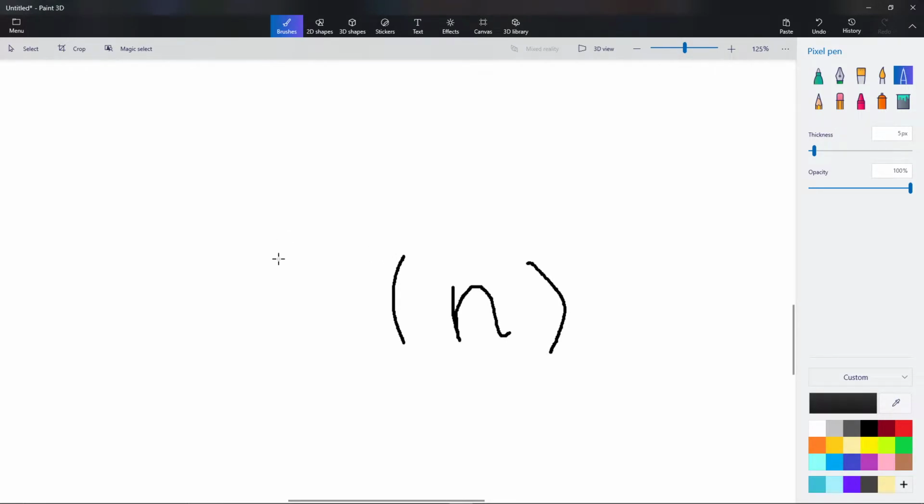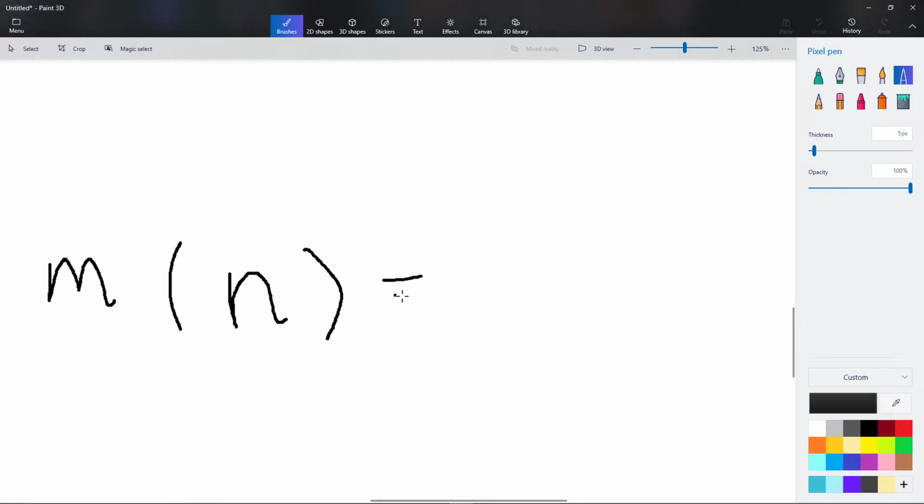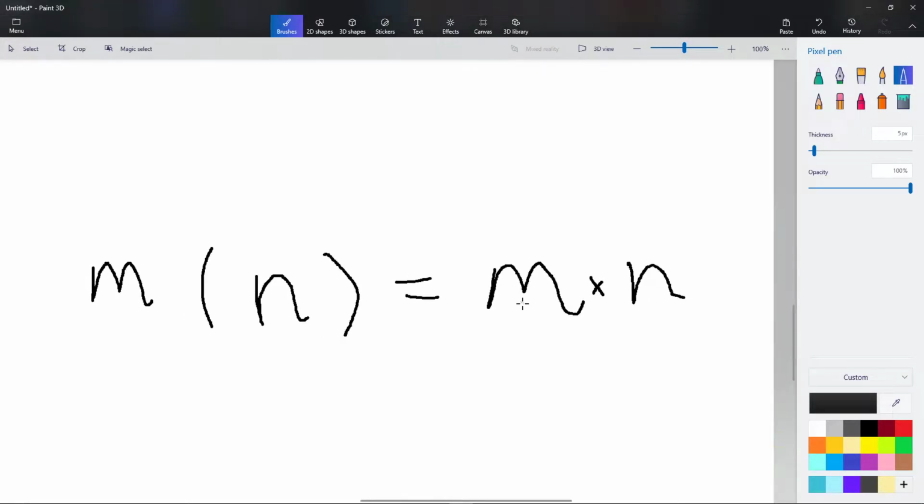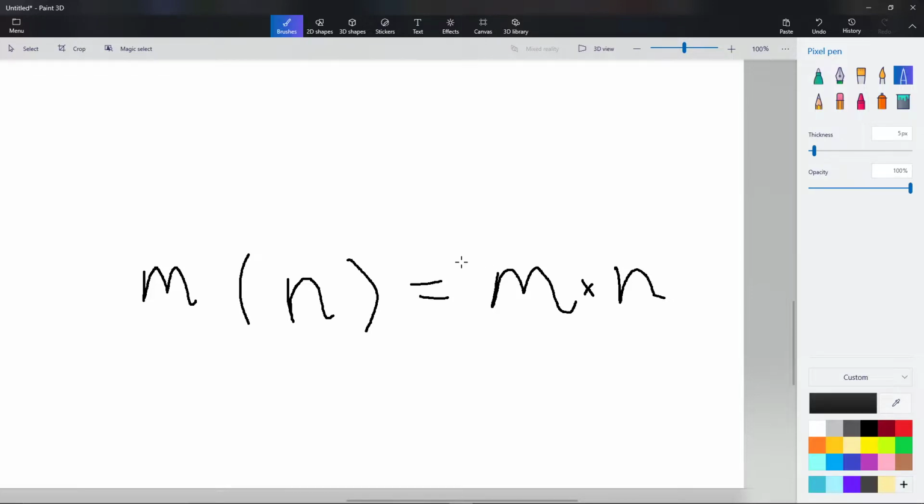And we have here, let's say, another variable, m. So we have two symbols right next to each other. We have parentheses in here, and we have another variable out here. What this is essentially saying is we're doing m times n, and that's all there is to it.